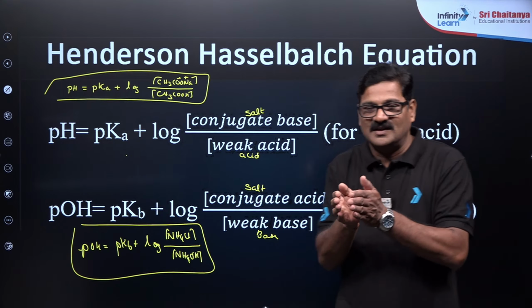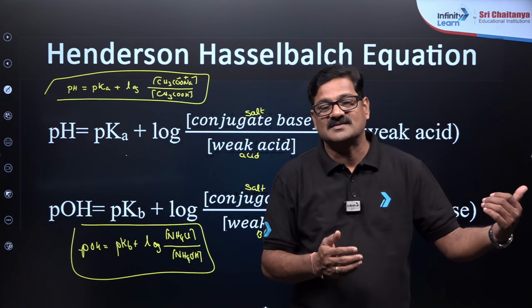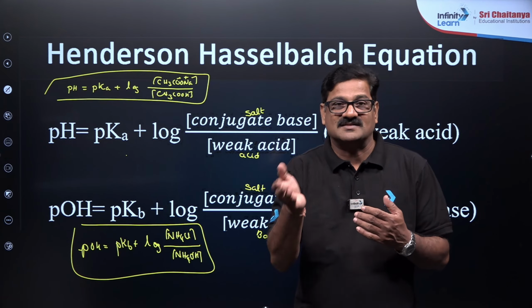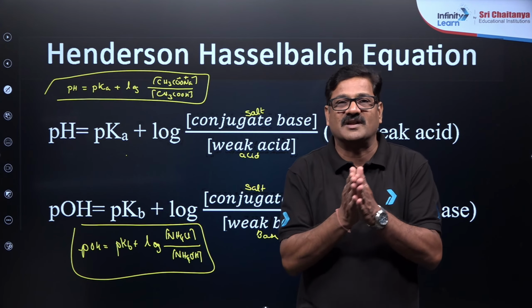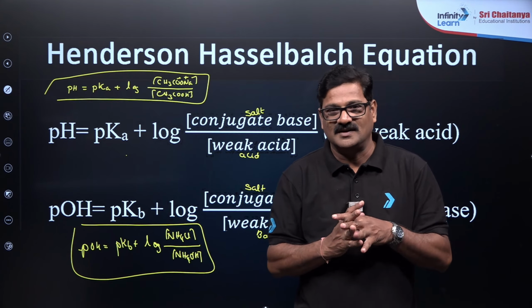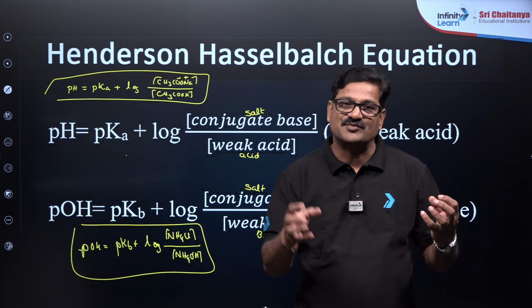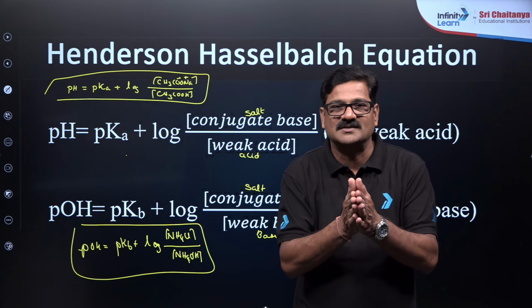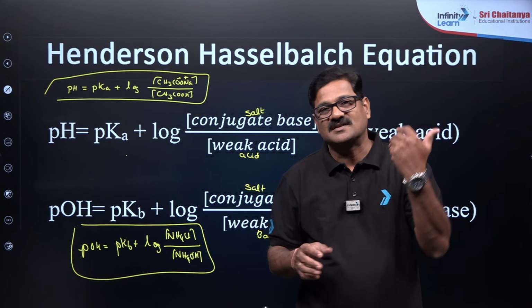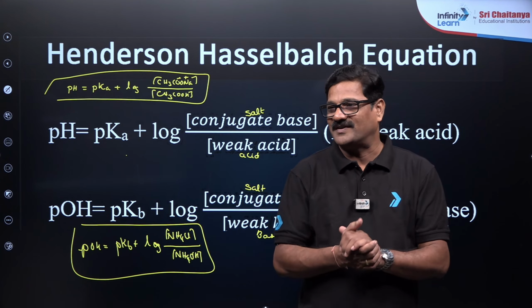If the acid and the base are mixed, you are going to get the salt. If the normality of the acid is greater than the strong base, you are going to get a salt as well as leftover acid, so you are going to see the buffer. If the base is greater, you don't get a buffer.